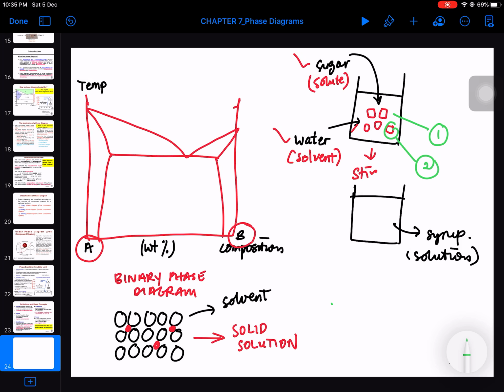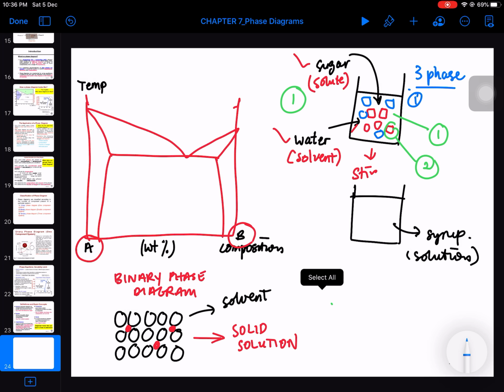So let's say for the first situation here, number one, we have a two component system, and we have two phases: one for water and one for sugar. What if we add an ice cube into the system? Now it becomes a three-phase system.